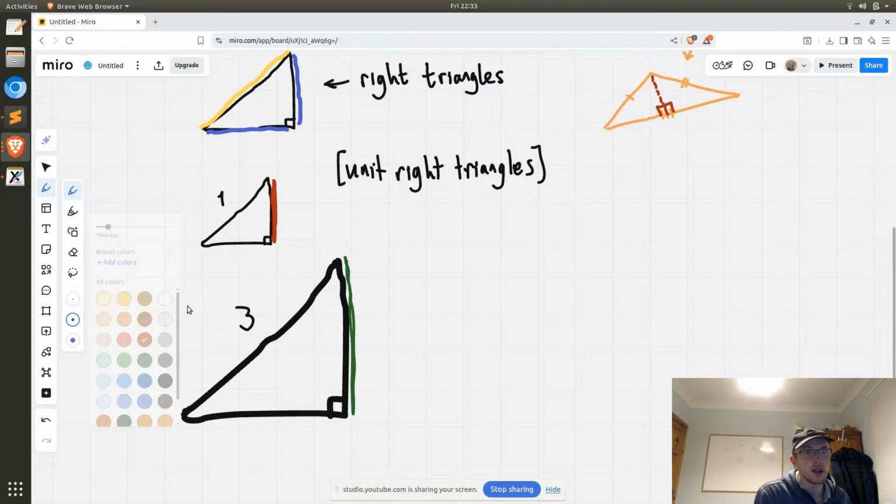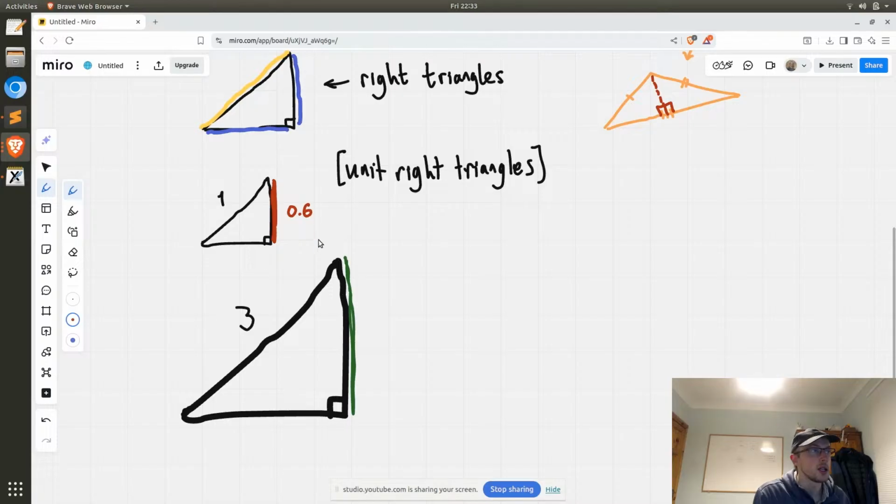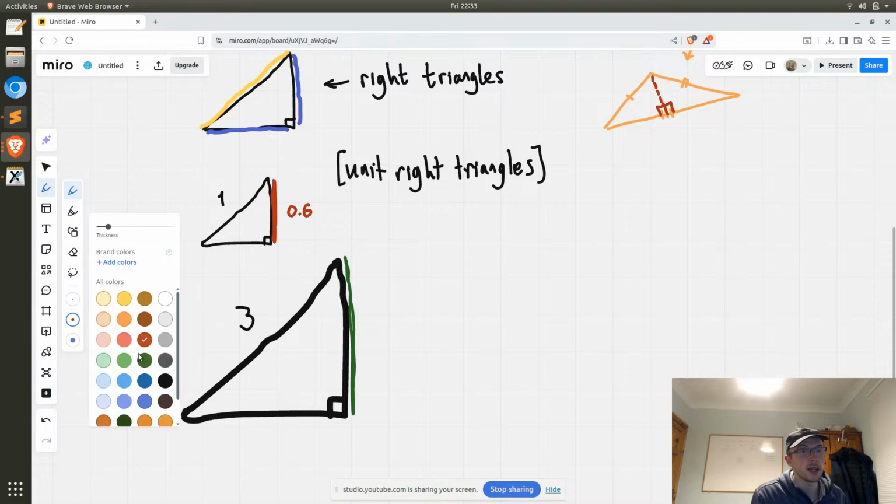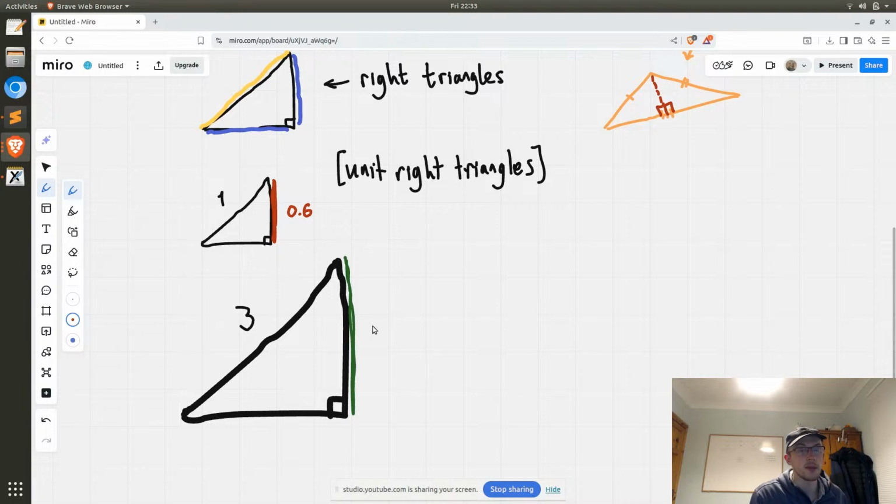Imagine if this was 0.6. All I've got to do is times that 0.6 by 3. And this is 1.8. Amazing.